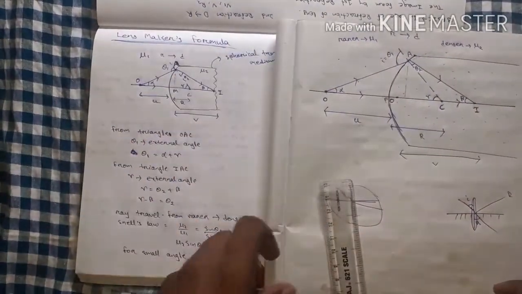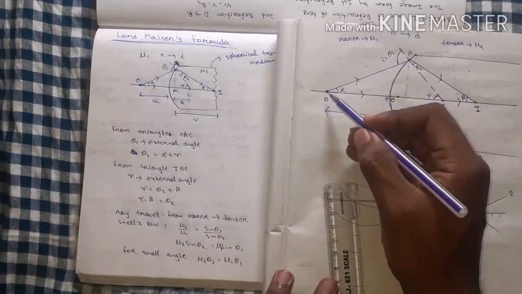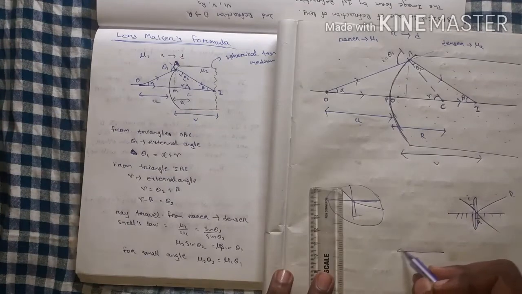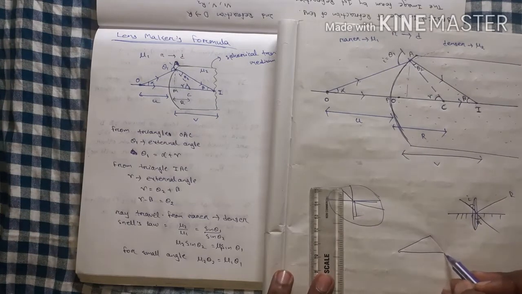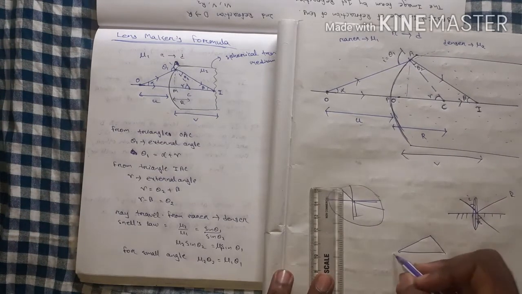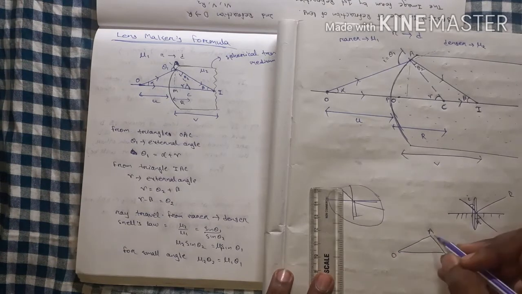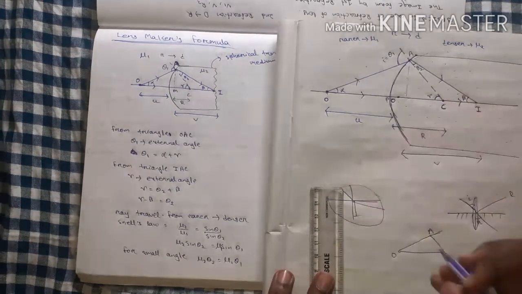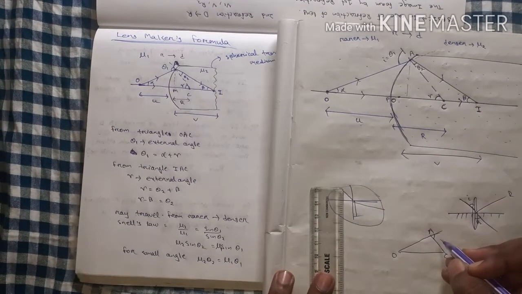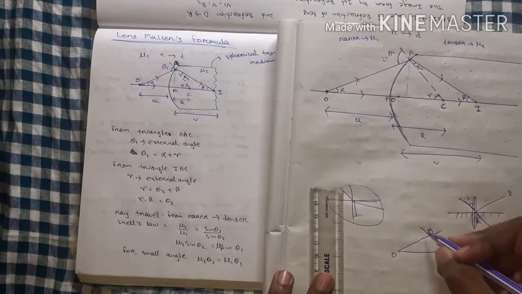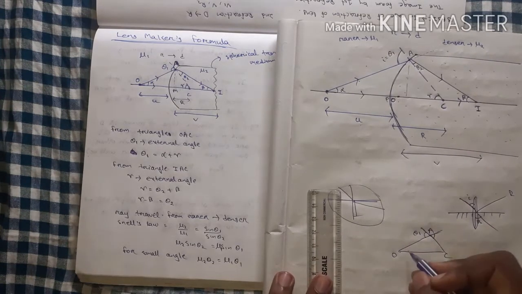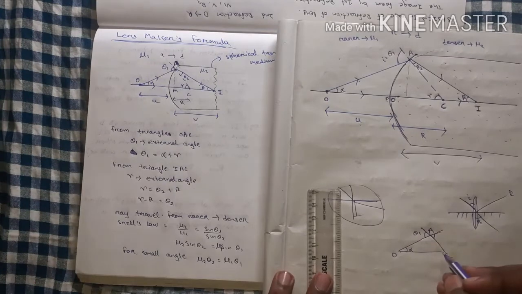Then from triangle OAC, I draw the diagram again. It has angle theta 1, alpha and gamma.